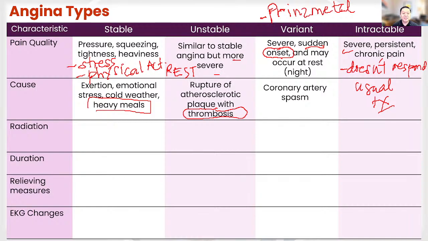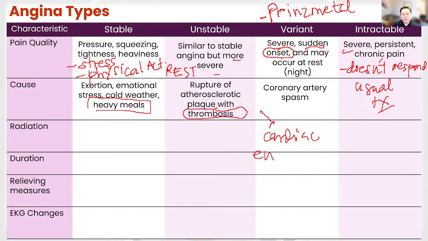Now, guys, take note that the distinction between the non-STEMI and the angina pectoris is basically based on the presence of the cardiac enzymes. Okay, I'm just gonna put in some more concepts here while we are talking about the differences.